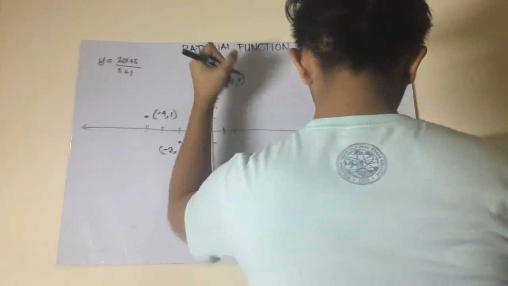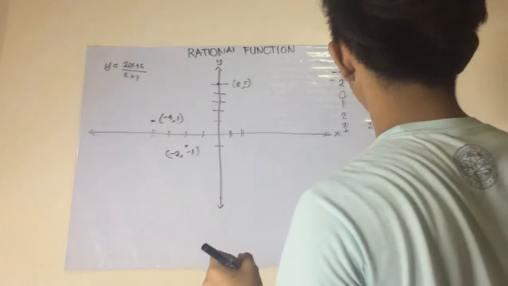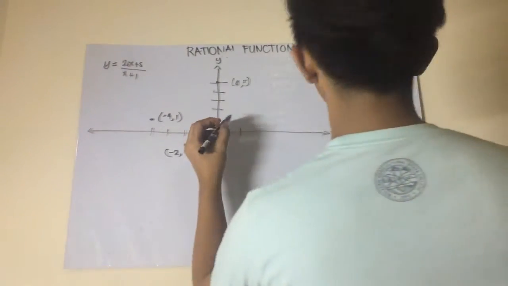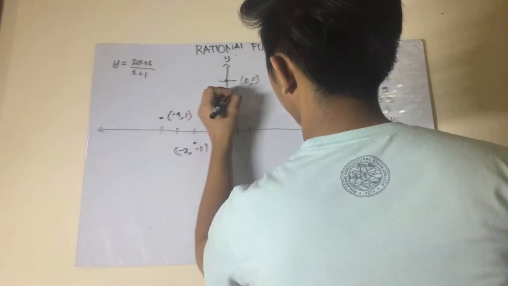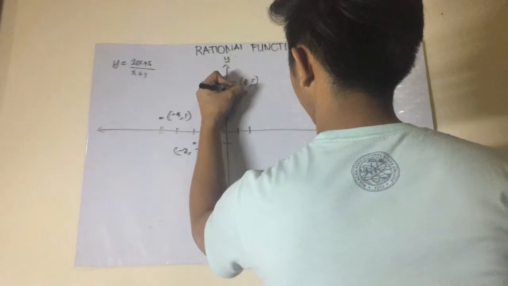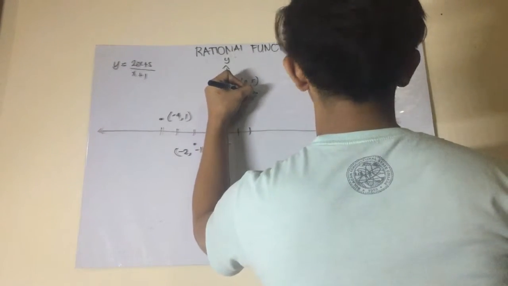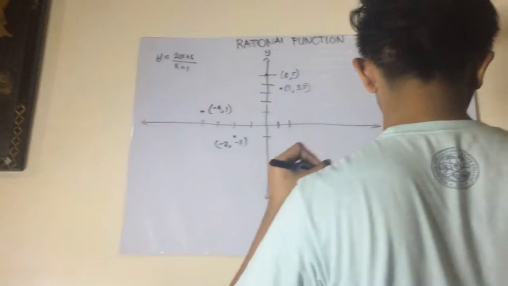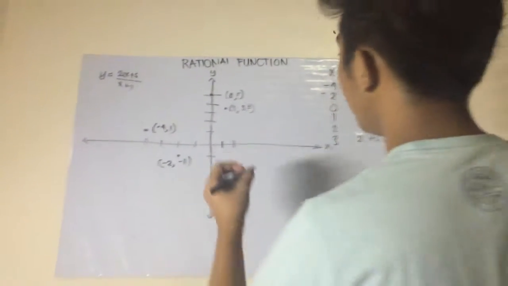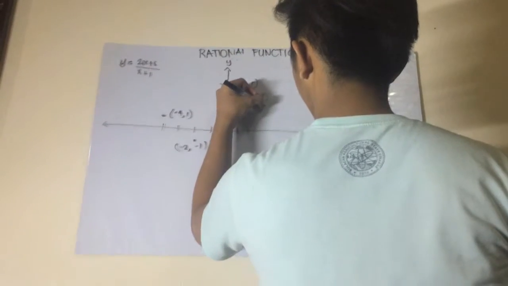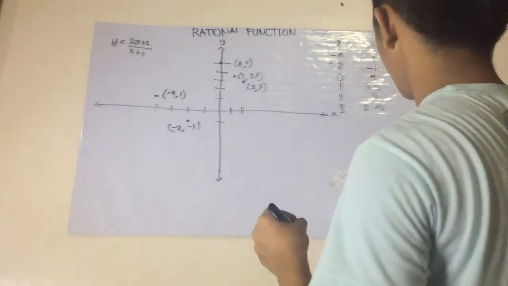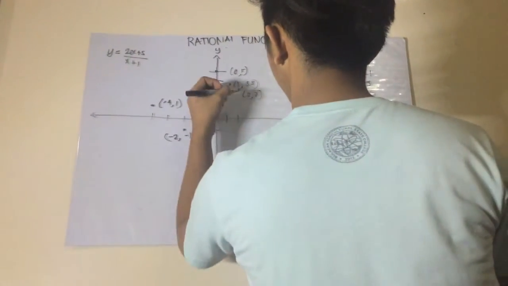Zero and 5. Then 1 sa 3.5. So 1 sa x, plus 3.5. Then, ang sunod is 2 and 3. Then, last, 2.75 something.